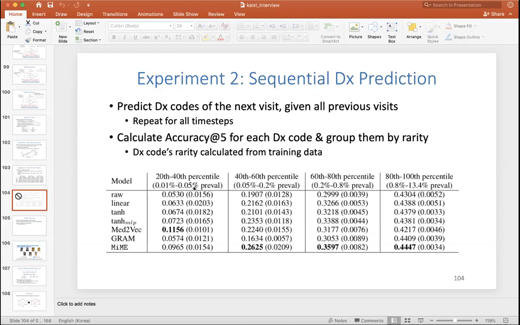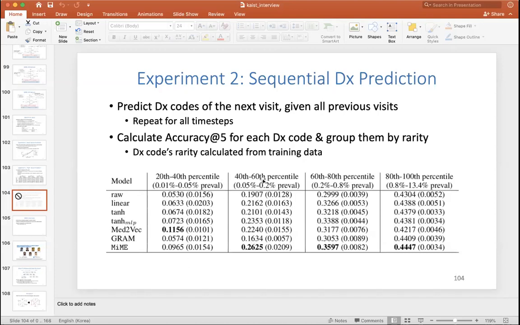So this is a truly rare disease. In this bucket, of course, everything shows very poor performance, but Med2Vec outshines all the others. So this is the exceptional case where we're dealing with really rare diseases. I guess there's not a really good explanation why Med2Vec outperforms Graham or MIME.